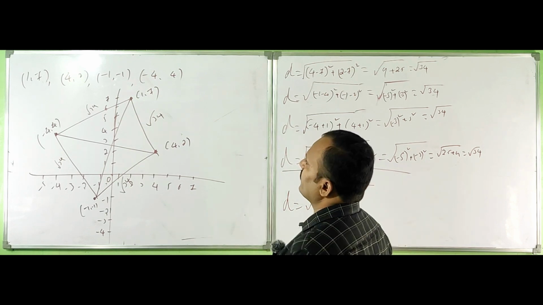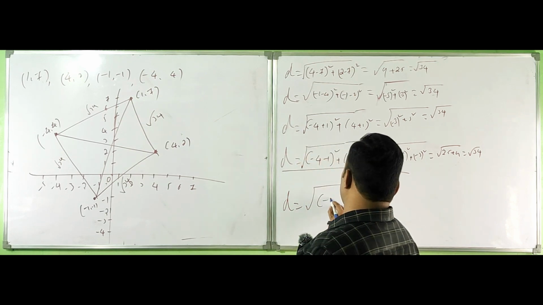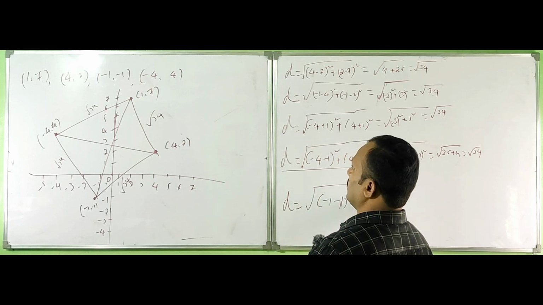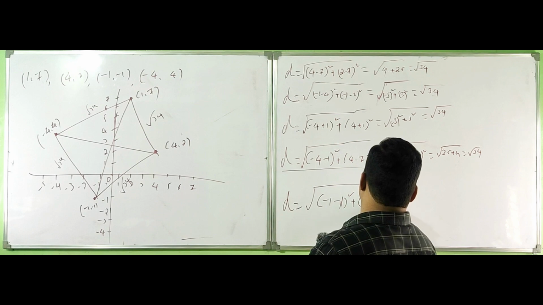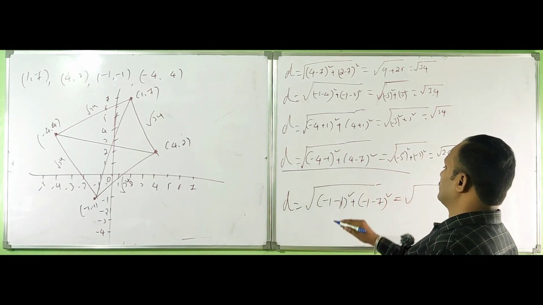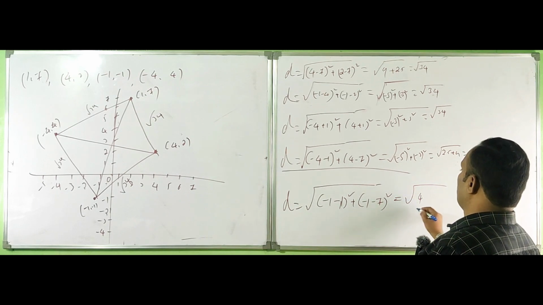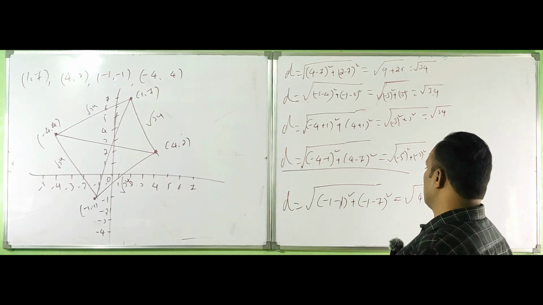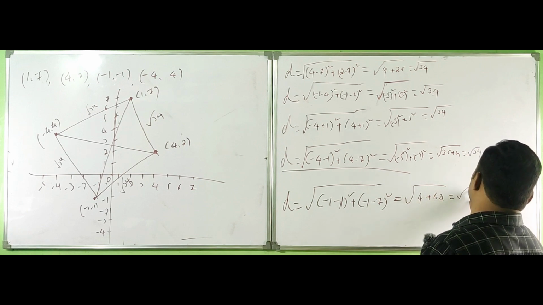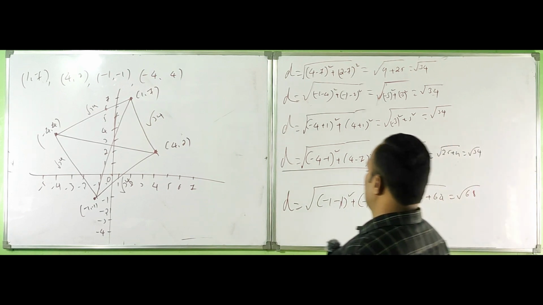D is equal to the square root of (-1 - 1)^2 + (-1 - 7)^2, which is (-1 - 1)^2 = 4 plus (-1 - 7)^2 = 64, equal to the square root of 68.